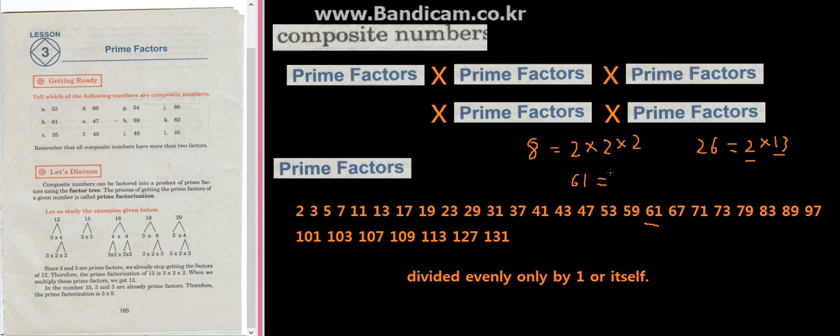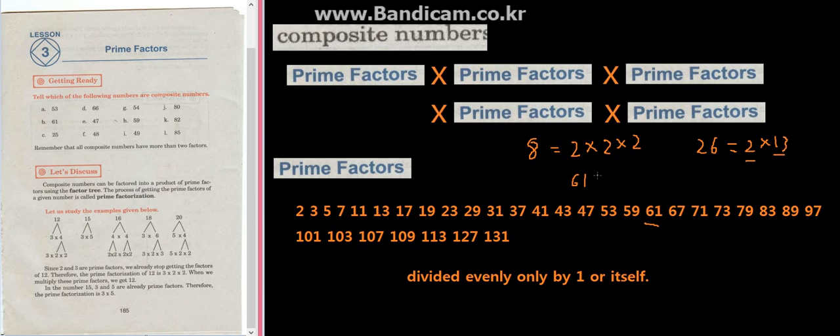You cannot express it in any such way. For example, if you try to divide it by 2, it will be 30.5, a decimal. A decimal can be divided, but it is not a whole number.